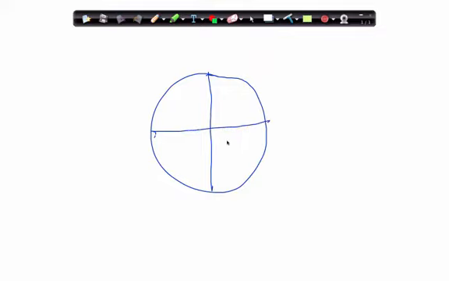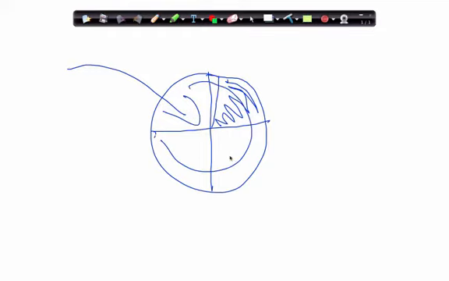Now, we know we have 21% oxygen in the normal atmosphere. If this is a quarter, 25%, give or take, this little wedge right here would be our oxygen. The point is, if we input another gas into this air sample, it will displace all the rest of the gases.